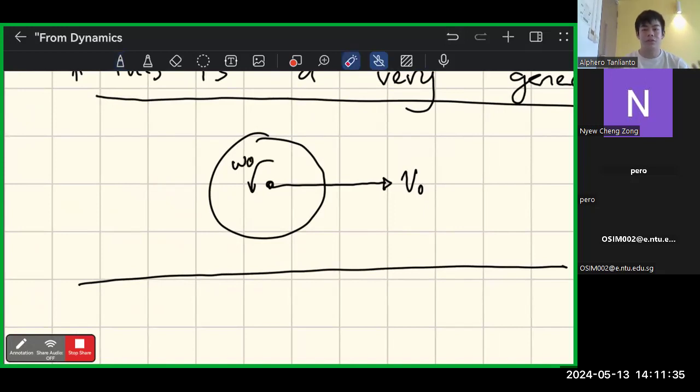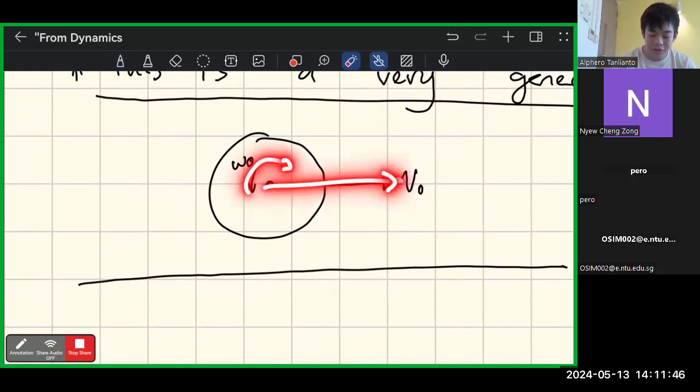So it's going to be different if you have a different direction of each velocity or angular velocity. It's very hard to picture.